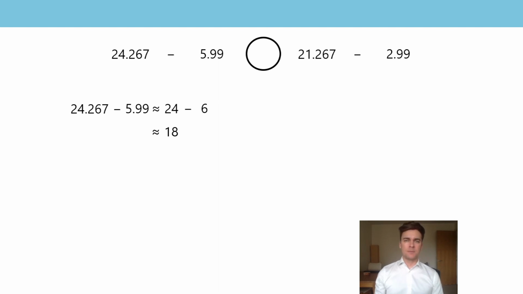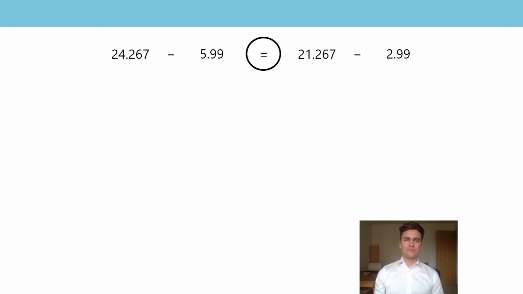On the right, what did the minuend and subtrahend round to? 21 subtract 3. 21 subtract 3 is equal to 18. The right-hand side expression is approximately equal to 18. So the missing symbol that we're looking for is equal to. The left-hand side and the right-hand side are equal to one another.